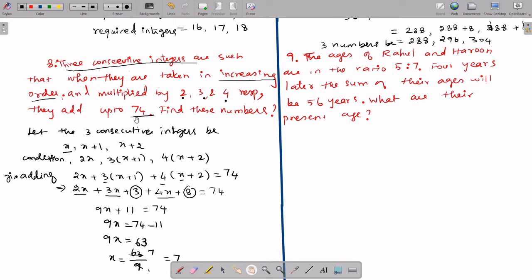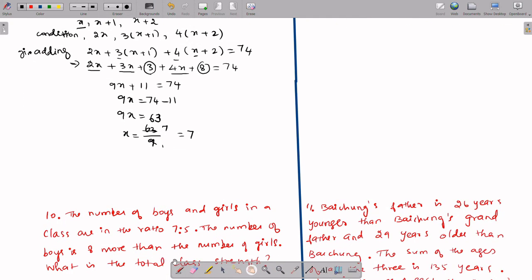Find these numbers. So we have to calculate x, x plus 1 and x plus 2. The other condition, multiplied by 2, 3, 4 respectively, is only used to get the value of x. But we have to take the consecutive integers alone, x, x plus 1 and x plus 2, to write the answer.